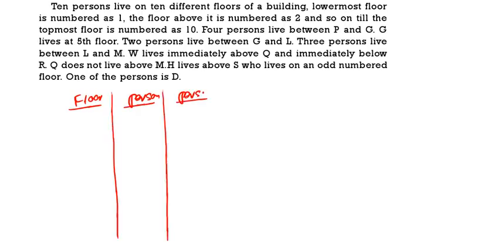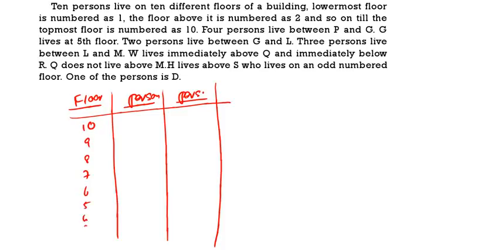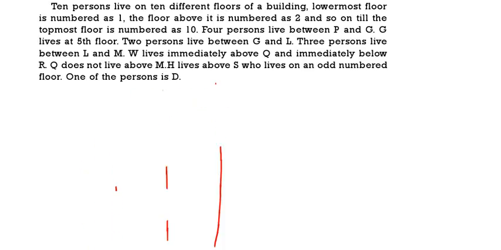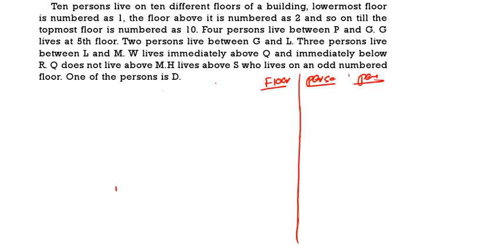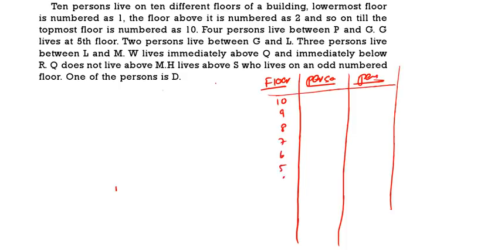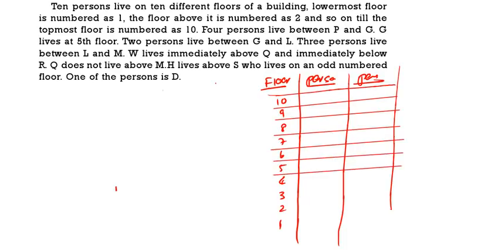So below the floors you write down 10 floors. 10, 9, 8, 7, 6, 5, 4, 3, 2, then finally 1. These are the floors.